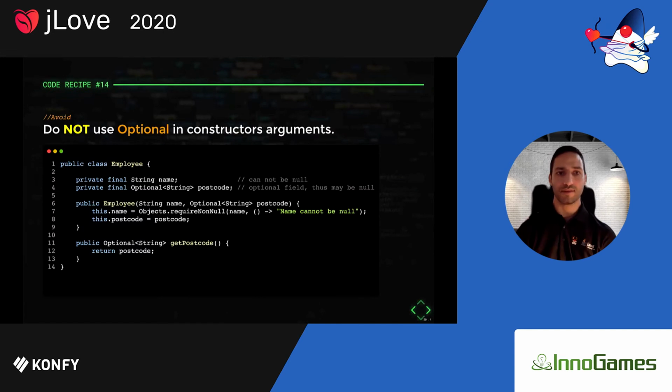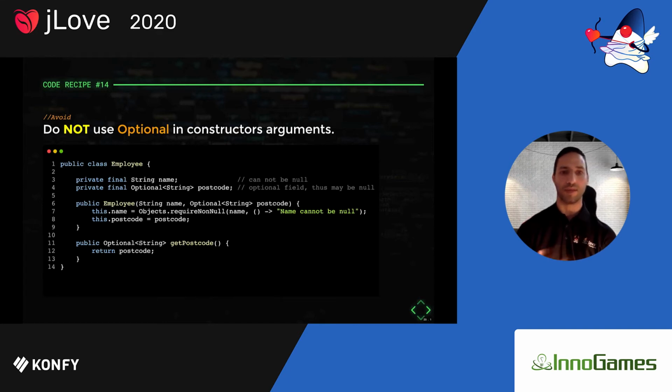Another anti-pattern is don't use Optional constructor arguments because it adds complexity for the caller. Whenever anyone calls your constructor, even if you're trying to avoid null, they can pass null and override the Optional, and wherever you call the Optional, it will throw a NullPointerException. So it will not make you safe. It will not guarantee safety from NullPointerException in that case.